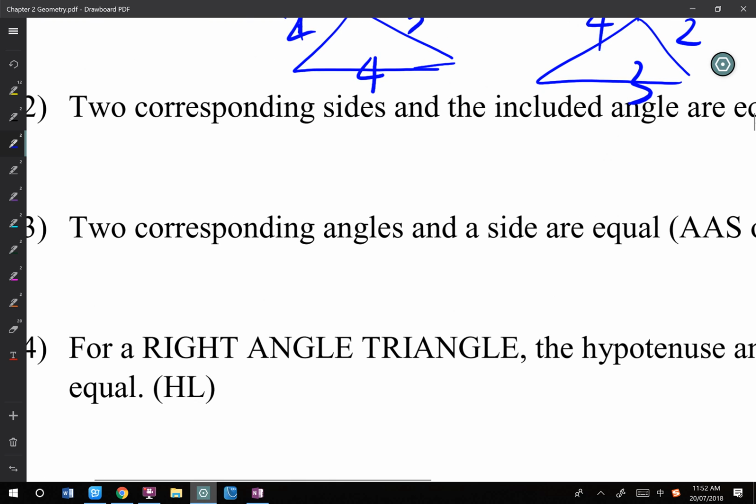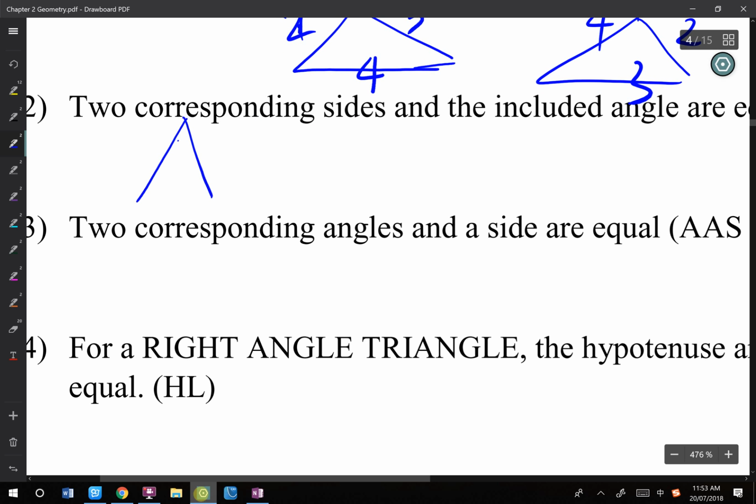Let me give you a wrong example. If you have 1 and 3, and 3 and 2 here. Like this. Well, I know it doesn't look like 3 and 2, but it's alright. Now, 2 pieces of information: 2 sides are the same already.